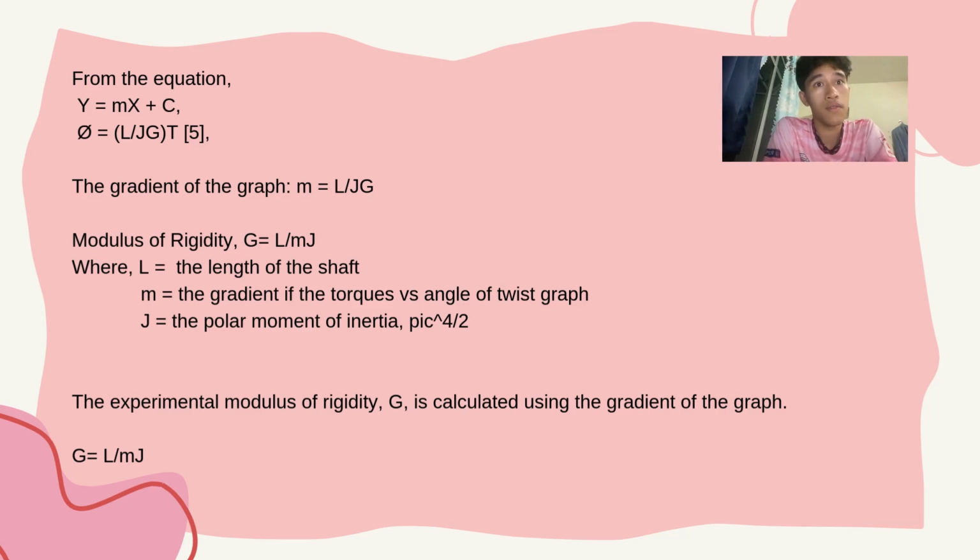The gradient of the graph is m equals L over JG, which is the polar moment of inertia times the modulus of rigidity. So when we rearrange the equation, we can see that the modulus of rigidity is equal to the length of the shaft divided by the gradient of the graph times the polar moment of inertia. So the experimental modulus of rigidity is calculated using the gradient of the graph.